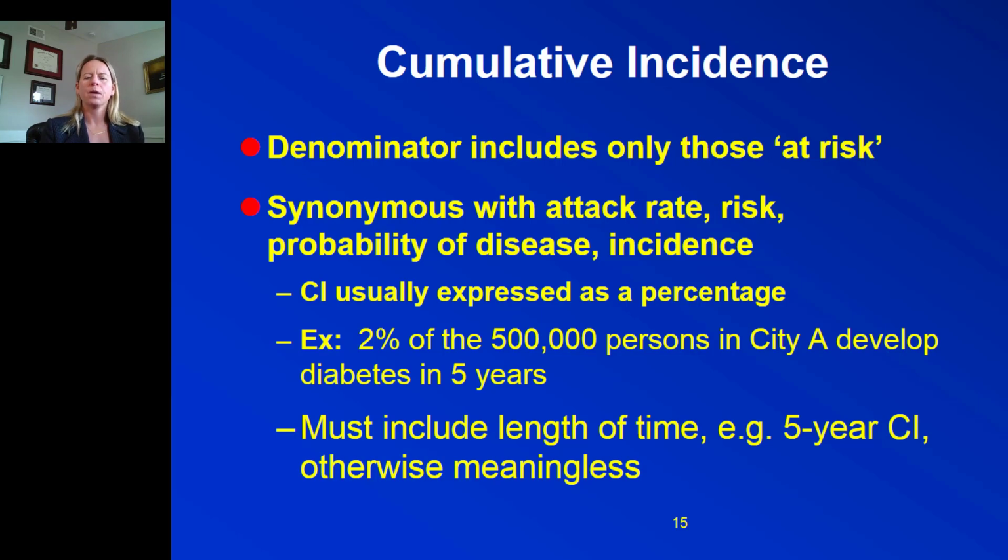For example, we can say 2% of the 500,000 persons living in city A developed diabetes in 5 years. And as I noted, this measure must include the length of time, for example, 5-year cumulative incidence. Without that measure of time, the measure is useless.